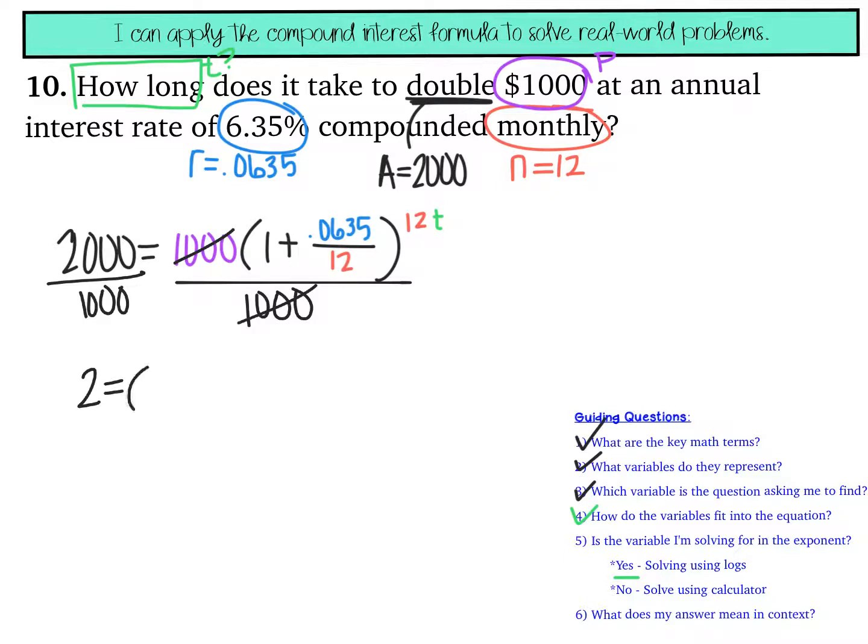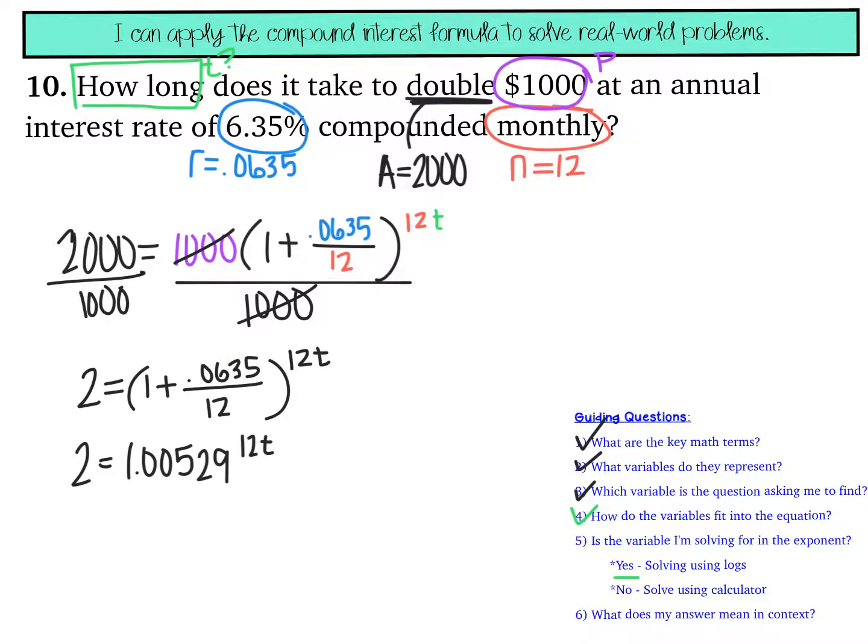So 2 equals 1 plus 0.0635 divided by 12, to the 12T. All right, so I now have 2 equals some value being raised to the 12T. So let's go ahead and calculate what this value is.